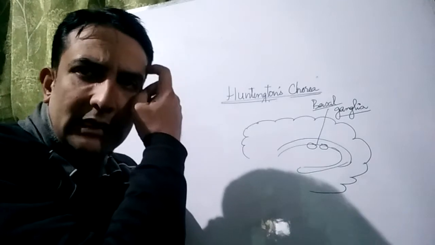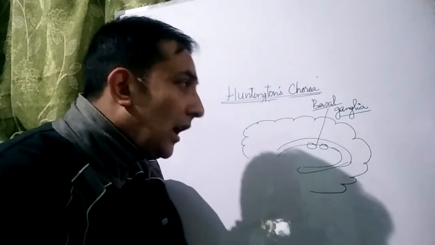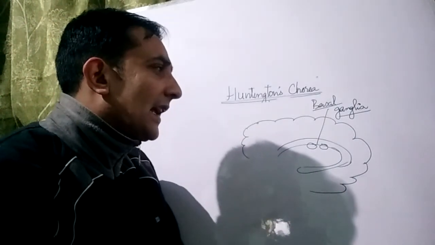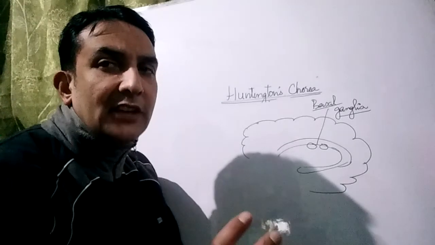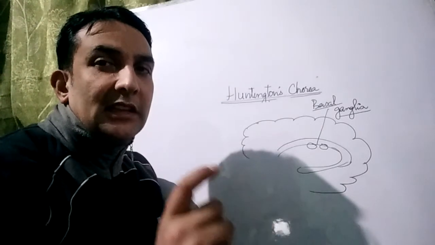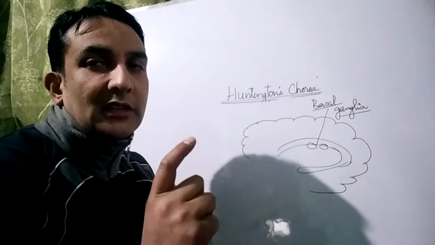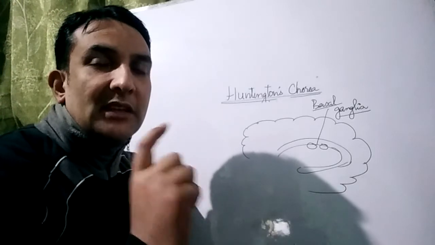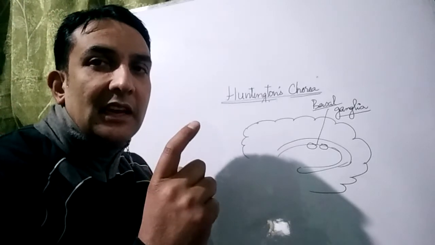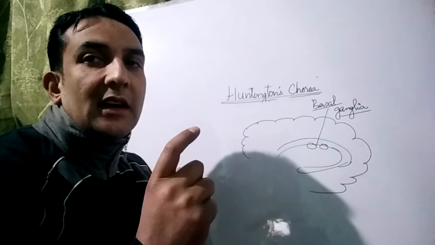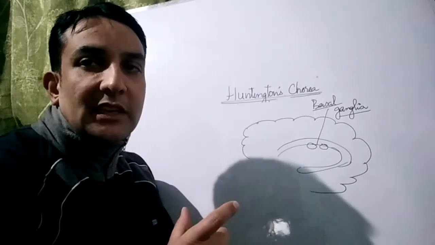Now you will see what will happen. Once the basal ganglia get damaged due to the mutant HTT protein, the thought process will get disturbed in the person, and the person will feel difficulty in regulating the thought process in his brain.